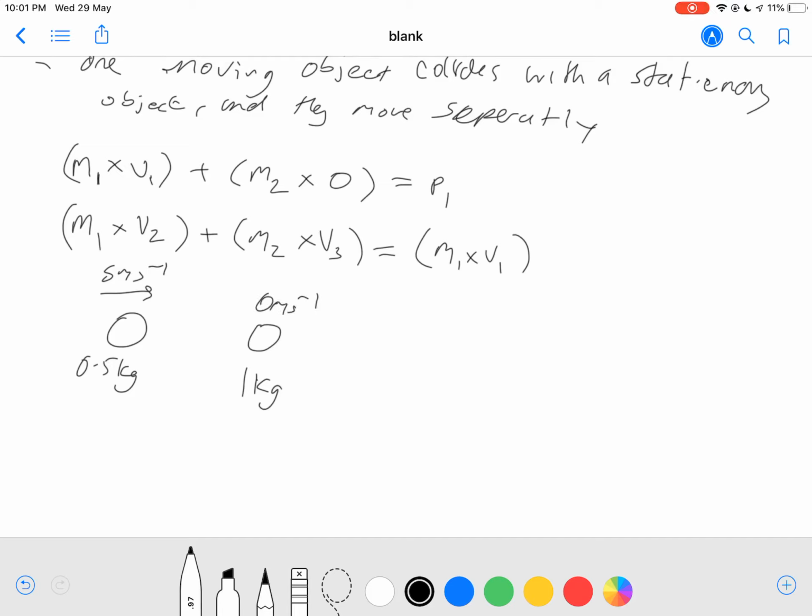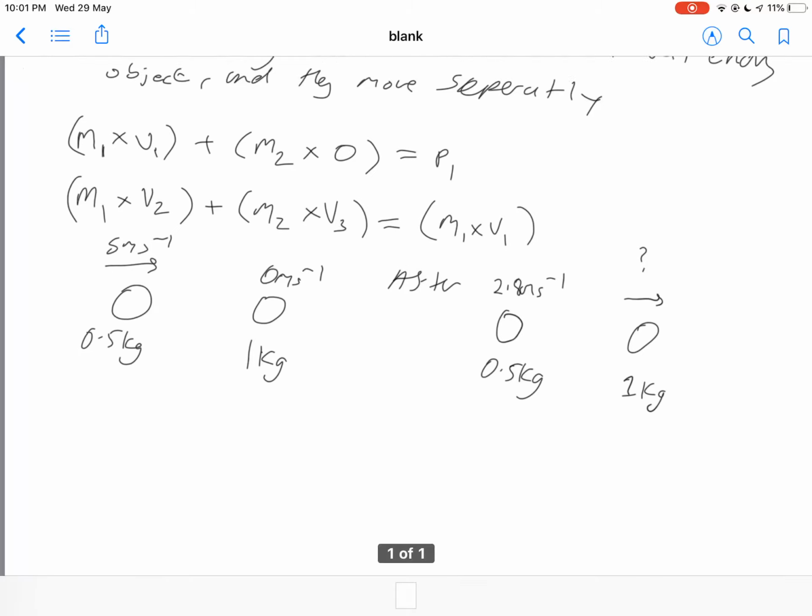After they collide, this ball is now moving at only 2.8 meters per second. The ball is still 0.5 kilograms, the other ball has an unknown velocity, and we still know it is 1 kilogram. This is one example of the type of question they'll ask you.